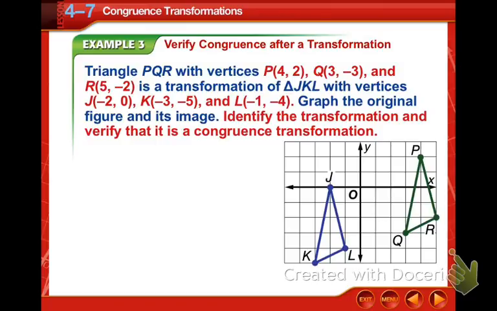We could find the slope between the lines, and we can find the slope of the points that should have moved. So J to P, K to Q, L to R. So we can do all of that as well. And they should all be congruent too.